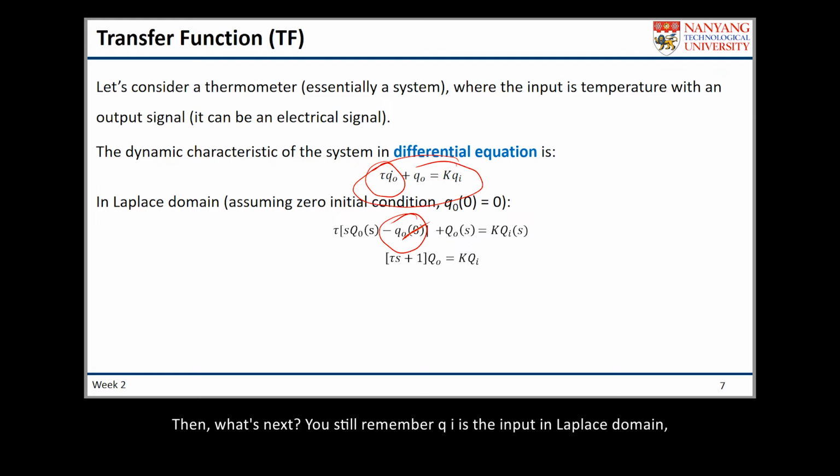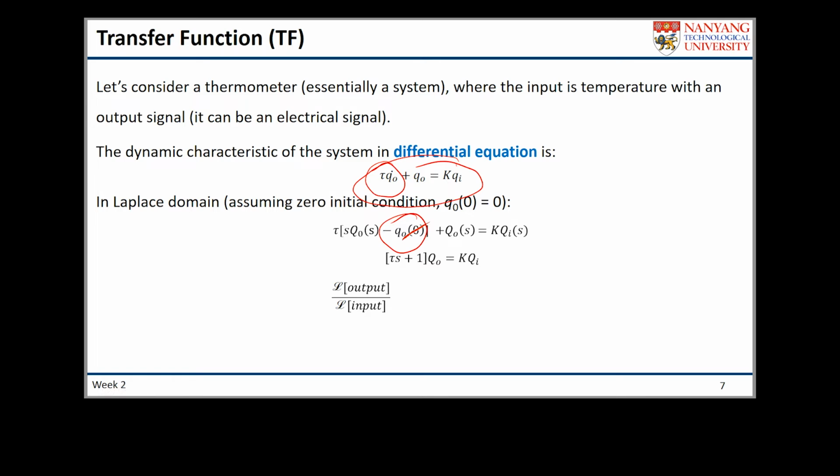And then what next? You still remember Qi is the input in Laplace domain. Q naught is the output in Laplace domain. When you want to form the transfer function, you have to take the ratio of the output and input in Laplace domain. The output in Laplace domain is Q naught. The input in Laplace domain is Qi. So I take the ratio between Q naught and Qi, which becomes k over tau s plus 1.